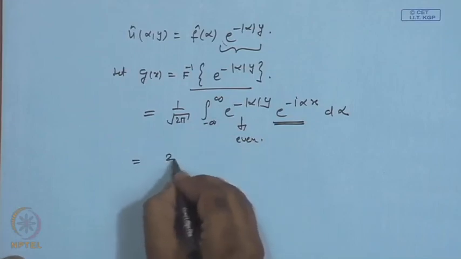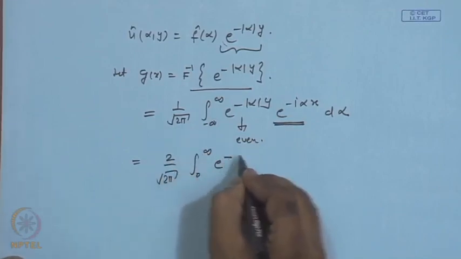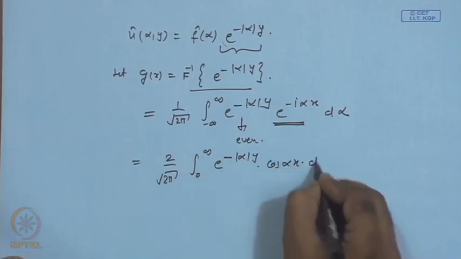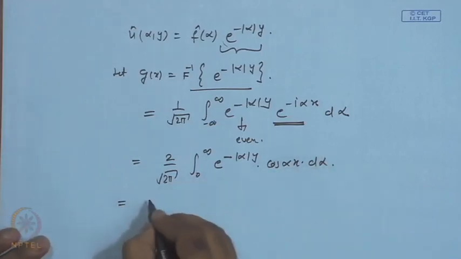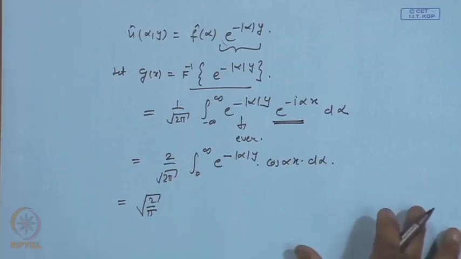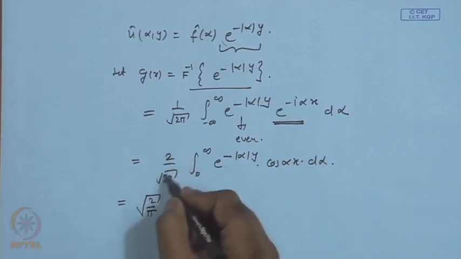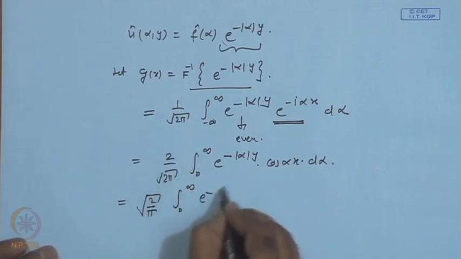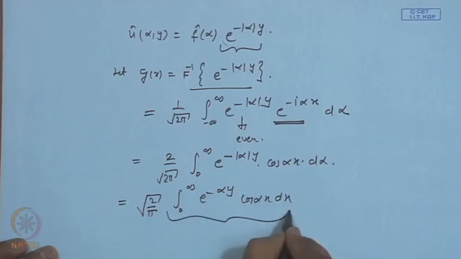So, we have 2 times 1 over square root 2π, integral from 0 to infinity of e^(−αy) cos αx, which remains. And now we can write this as 2 over square root 2π, because of the square root 2 here, times the integral from 0 to infinity of e^(−αy) cos αx dα, and this is a very simple integration.